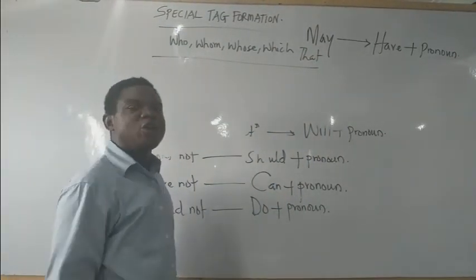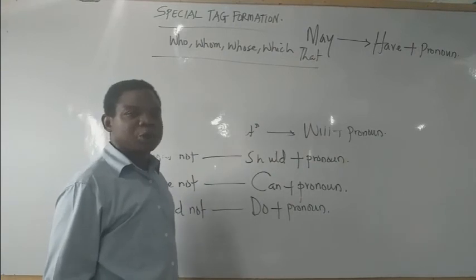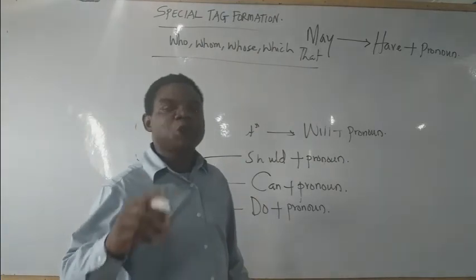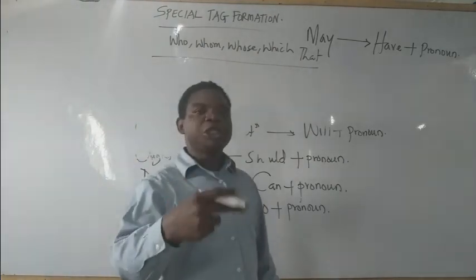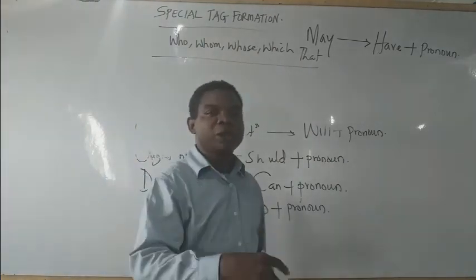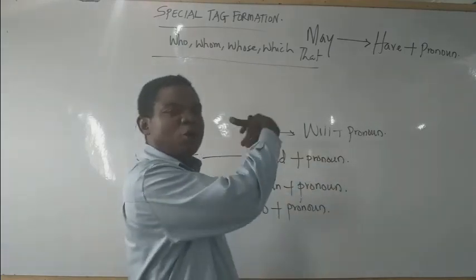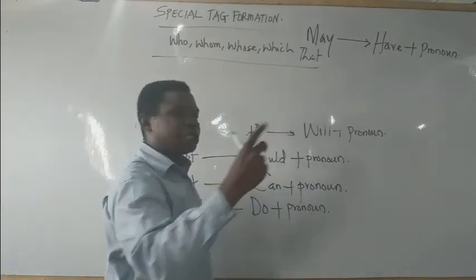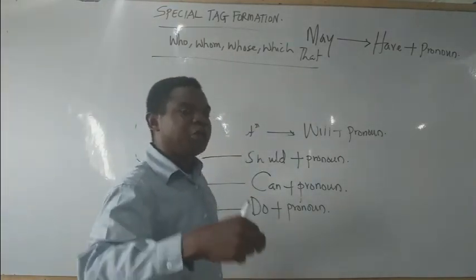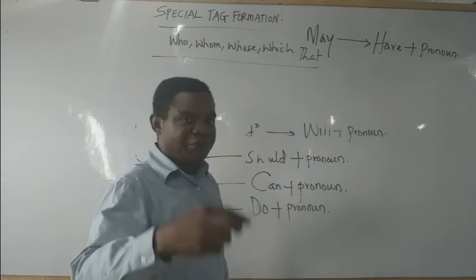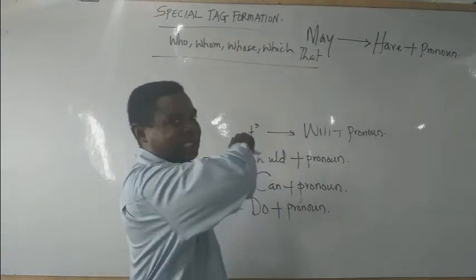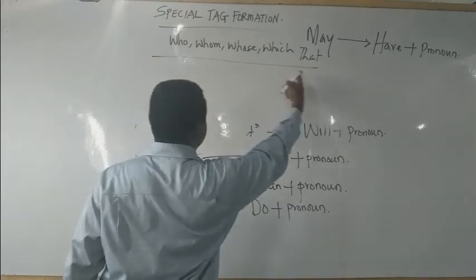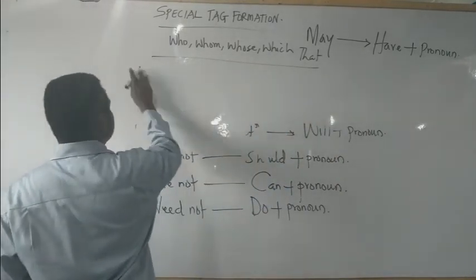When any of these pronouns is used to separate two clauses, note, the question tag will be formed based on the verb of the first clause, not the second clause. The verb of the first clause will form the question tag. Take note.